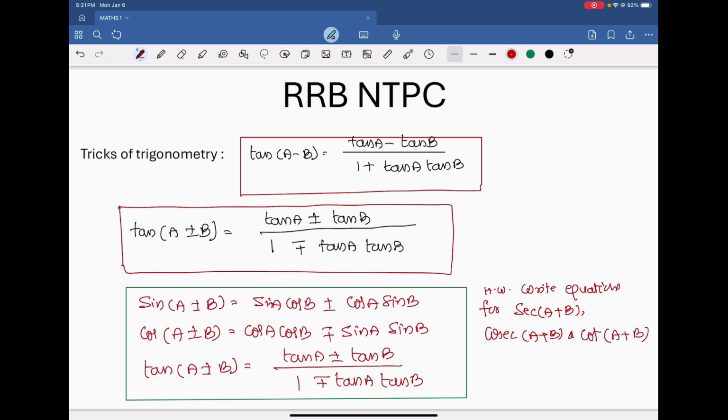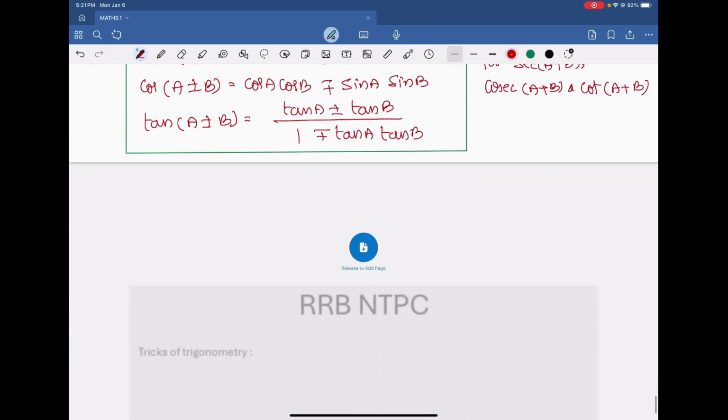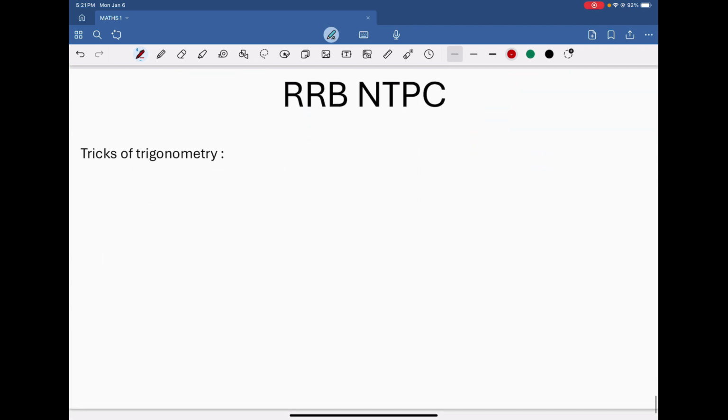These three equations, their derivations and their implications for secant, cosecant and cot, and deriving them, gives you a lot of basic knowledge in trigonometrical identities.